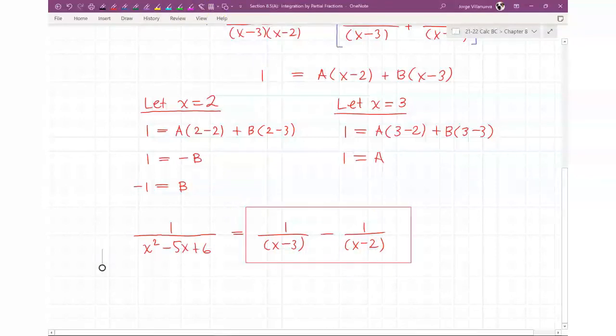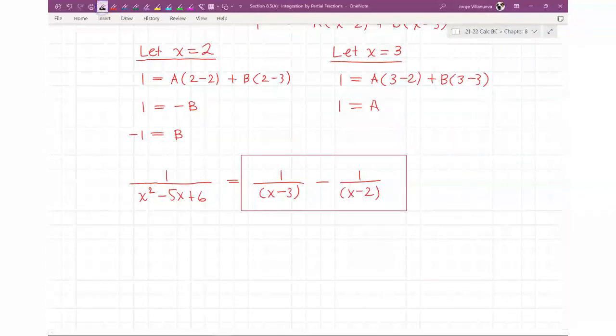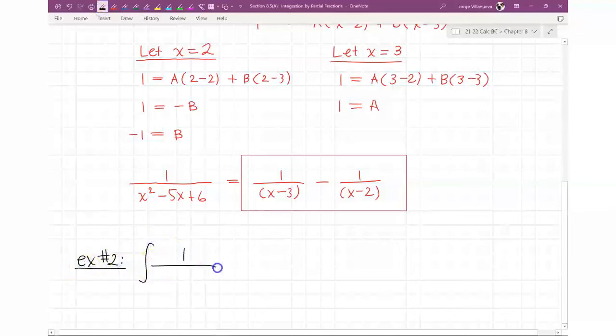Okay? Now what if I asked you to integrate this? Okay, we got 14 minutes, so let's do that. Example number 2, let's integrate 1 over x squared minus 5x plus 6 dx. What you would normally have to do is do a partial fraction decomposition to break this down.